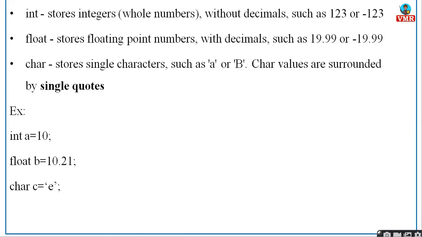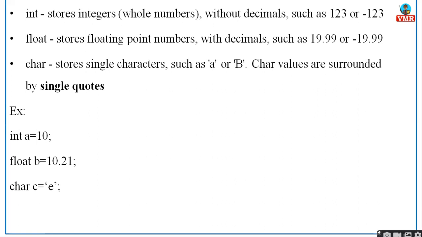As I said, there are different types of data types, right? Generally we'll be using int, float, char. Integer will store integer values, that is, whole numbers without decimals, such as 123 or minus 123, you can also give. Floating point stores floating point numbers with decimals, such as if I want to store 19.99 or minus 19.99, I'll go for the data type float.